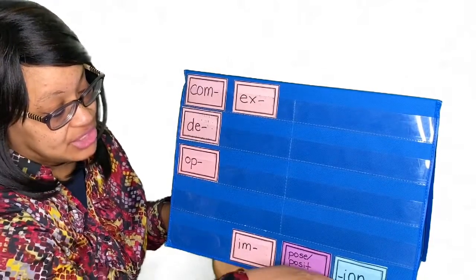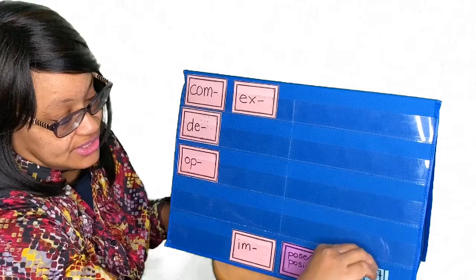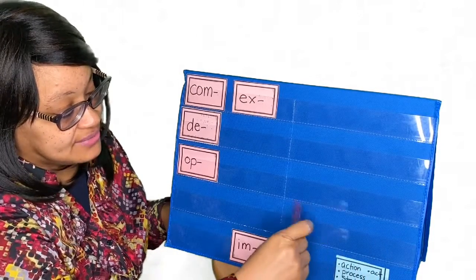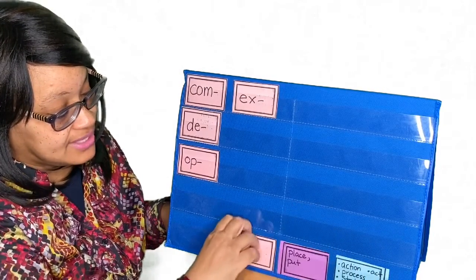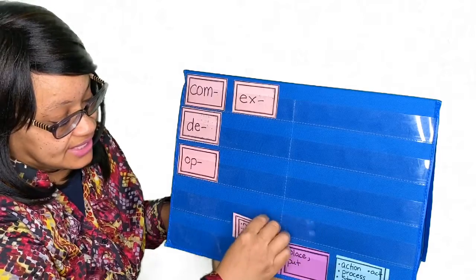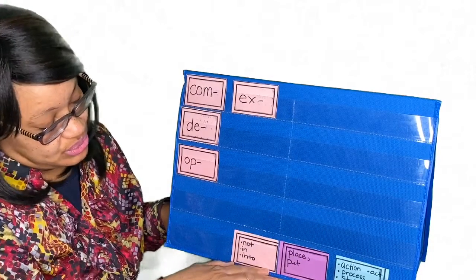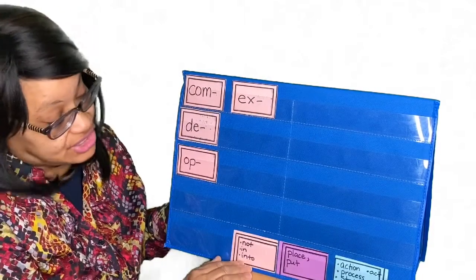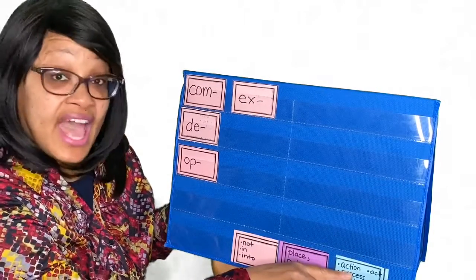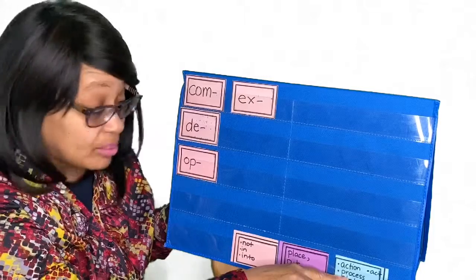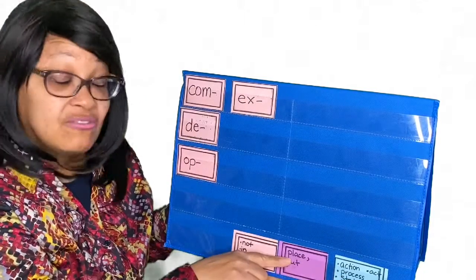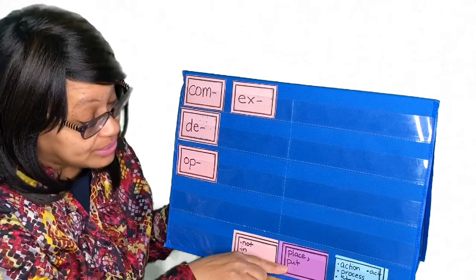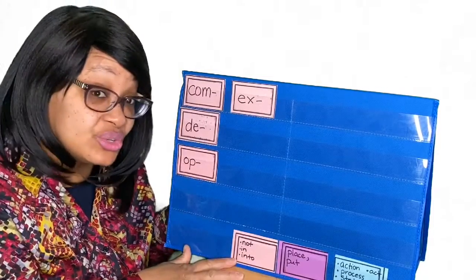Imposition. What is an imposition? The action, process, or state of placing or putting into. So if you are in imposition, you are in the action or process or state of placing or putting something into.